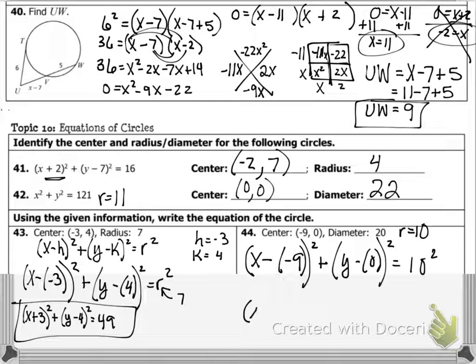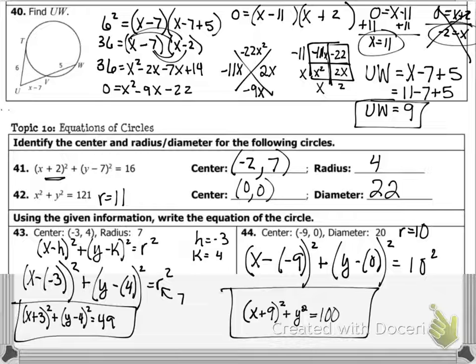That's (x plus 9) squared plus y squared. Y minus 0 is just y, so I'm just going to leave it like that. And then equals 100. And that is the equation for the circle on 44.